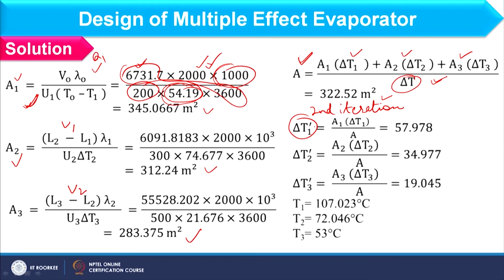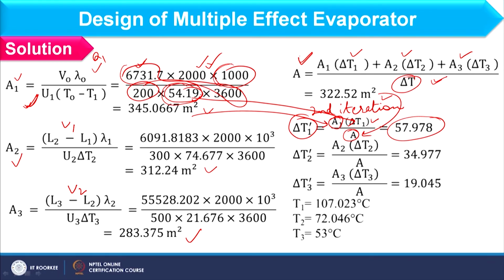So, delta T1 dash should be equal to A1 delta T1 by A. How much area is deviating from the average area? Fine. So, A1 is this, temperature difference in first effect is this, and the area is this, right. So, you can find out temperature difference in first effect, that is the revised value, and which should be equal to 57.978. So, you can consider deviation in two iteration.